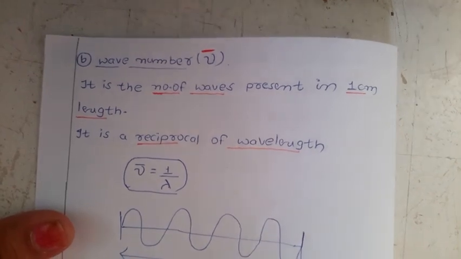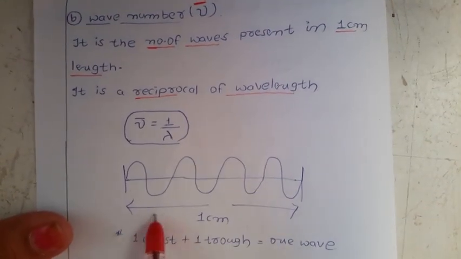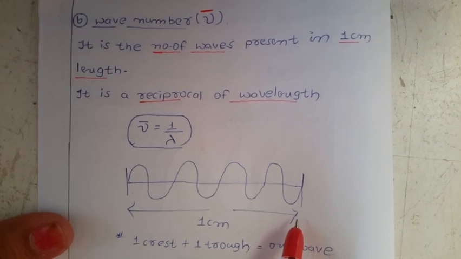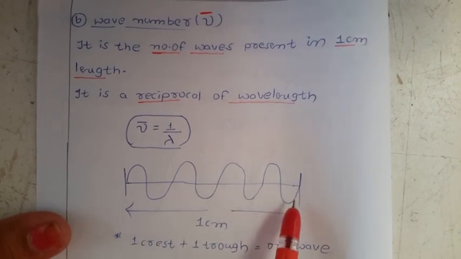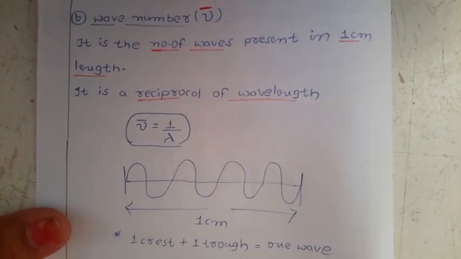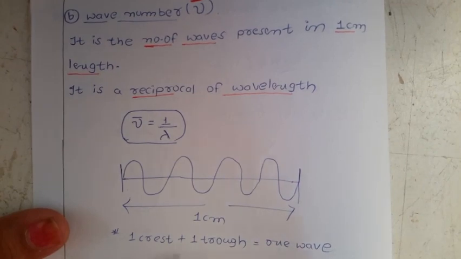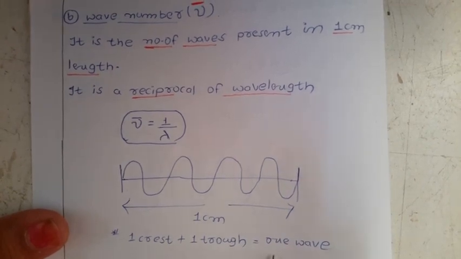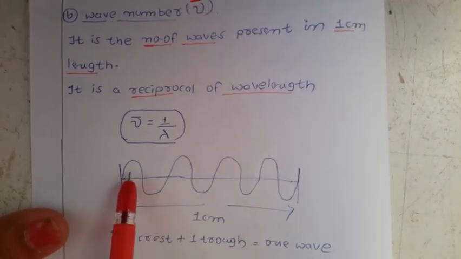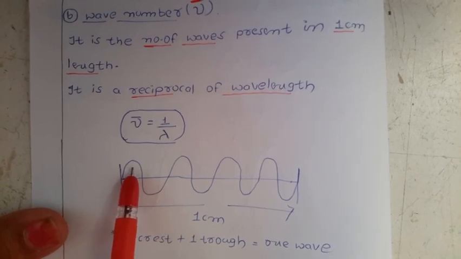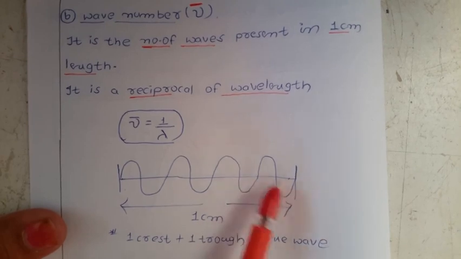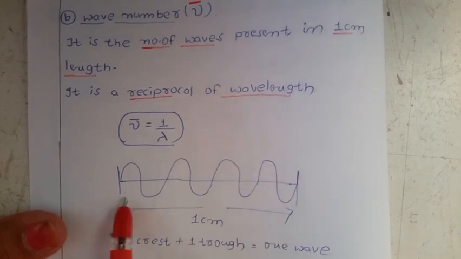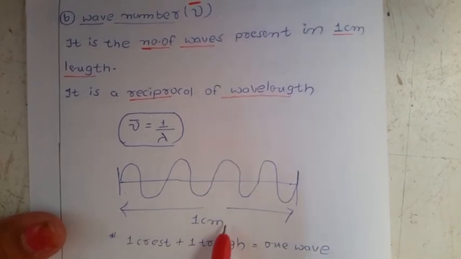For example, I am taking 1 centimeter length, and in that I calculate how many waves are there. One crest and one trough give one wave. Here, one wave, second wave, third wave, fourth wave. So in 1 centimeter we have 4 waves.